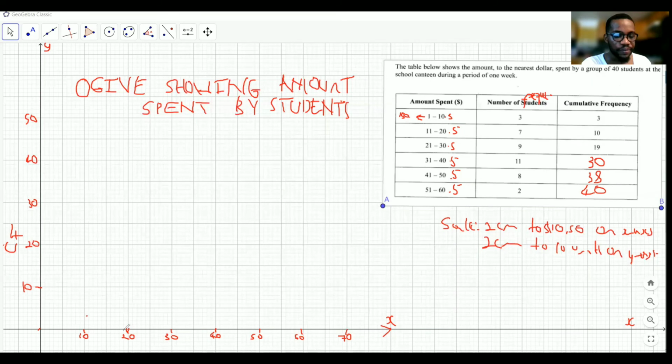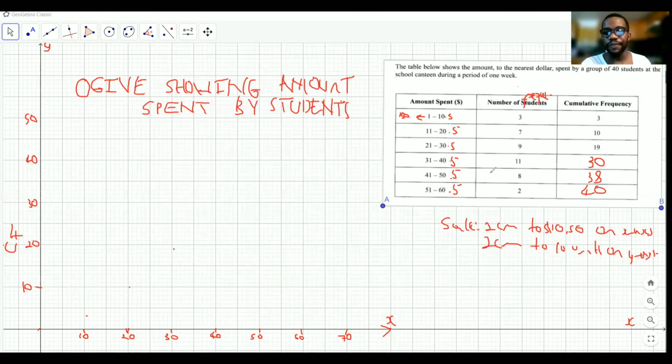That's the first point. Then you have 20.5 with 10. So 20.5 is in the middle, and I'm going up to 10. So it's dead on in the middle here. Then I'm going to have 30.5 with 19. 30.5 is right in the middle, and 19 is just the line before 20. So here we go, dead in the center there.